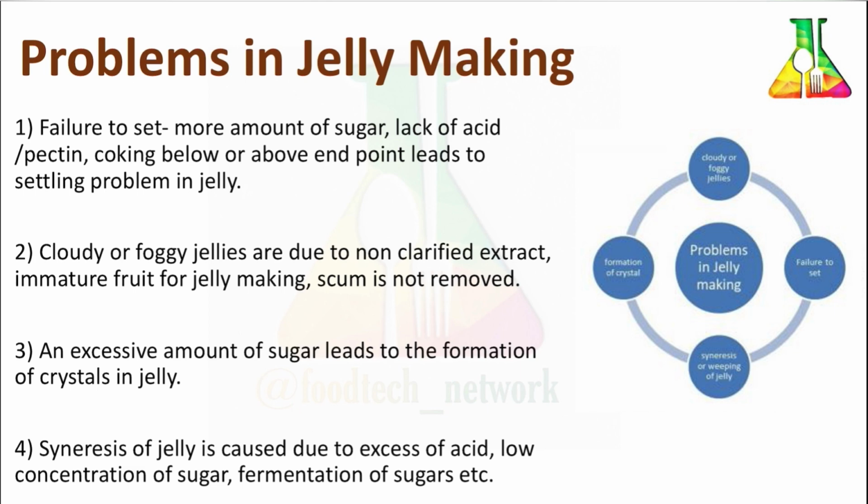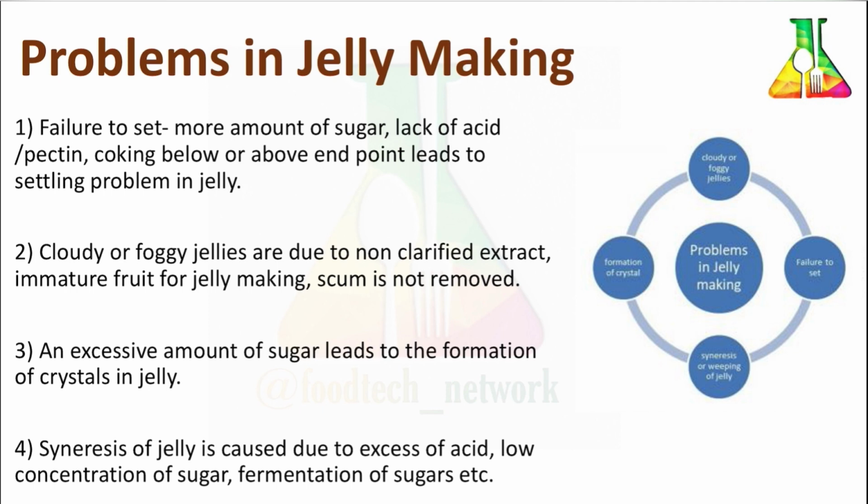We remove scum by adding 1 teaspoon of edible oil to 45 kg of sugar. The third problem is that an excessive amount of sugar leads to formation of crystals in jelly.